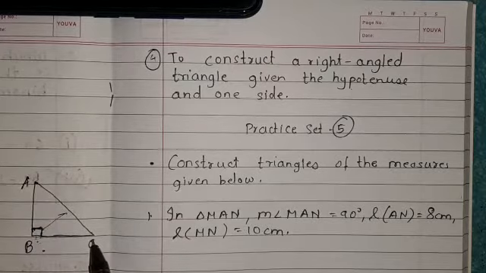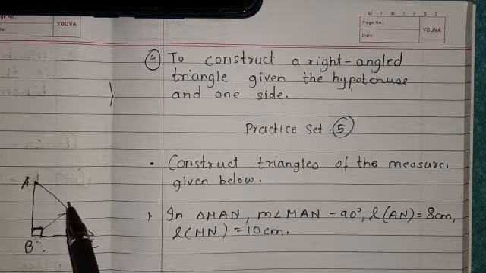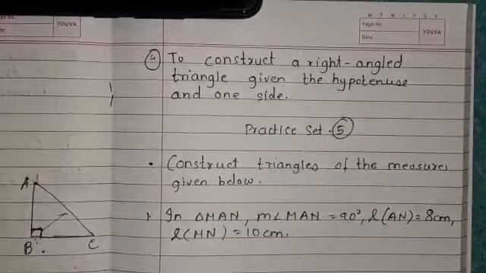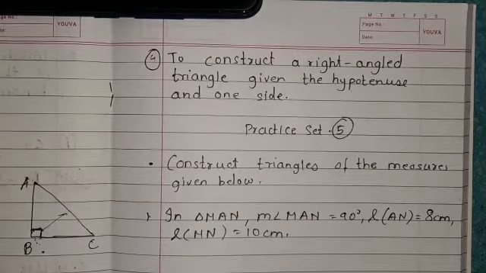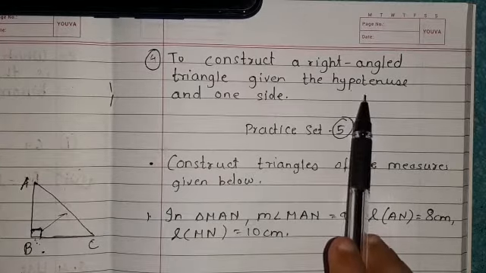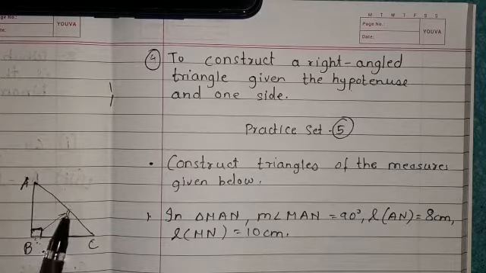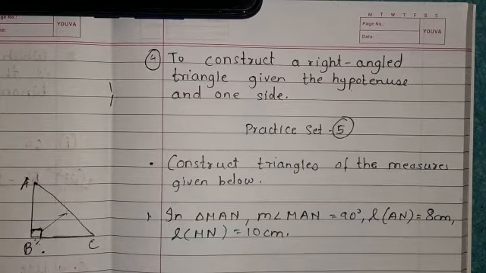And thus, side AC is called the hypotenuse. Always remember, hypotenuse is the longest side of the triangle. Did you understand what is hypotenuse? So the longest side, or the side which is opposite to the right angle, is called a hypotenuse.